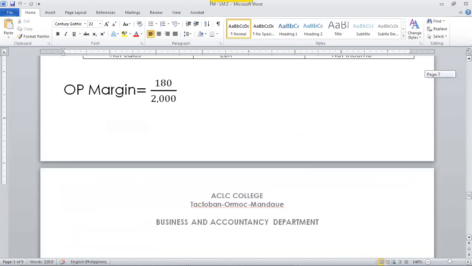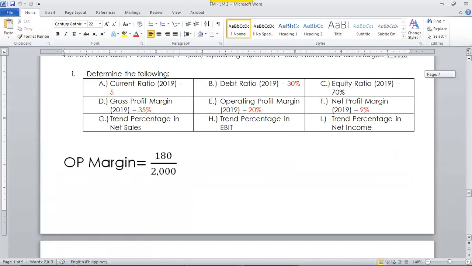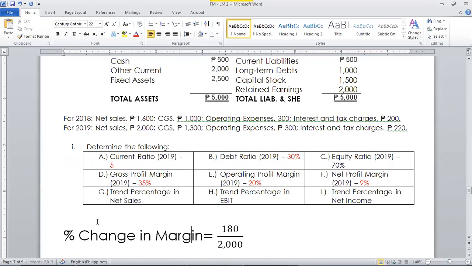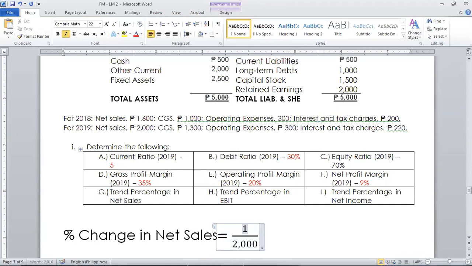Okay. Base minus most recent divided by base. Okay. So, net sales. Percentage change in net sales. What is the formula again?